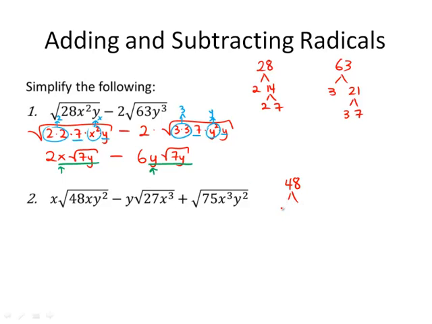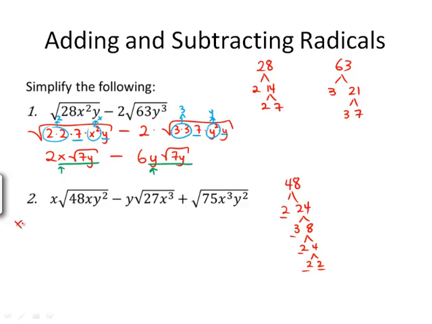48 is 2 times 24, 24 is 3 times 8, 8 is 2 times 4, 4 is 2 times 2. Now when I write these, I'm probably going to write all the 2's first and then the 3.